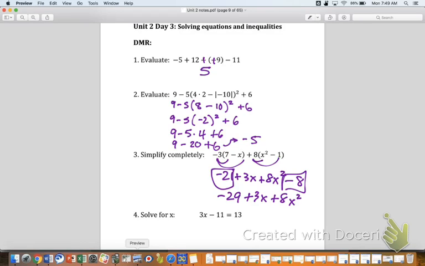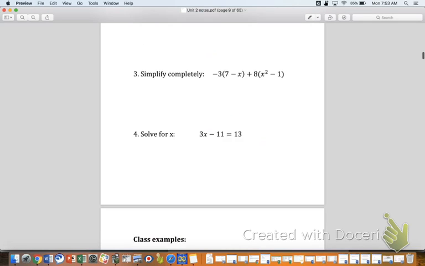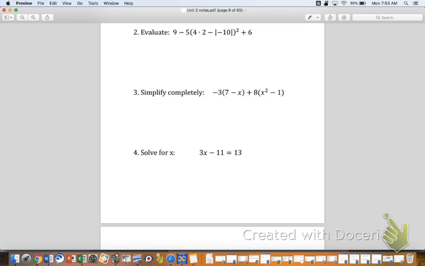Hanging in? Okay, so let's do this last one here. This last one is much newer. We started doing these last week. So it says solve for x. So we're going to get the x by itself. We're going to find the solution, the number that makes this equation true. So we got to get the x by itself. What do you guys see as maybe the first thing we ought to do?